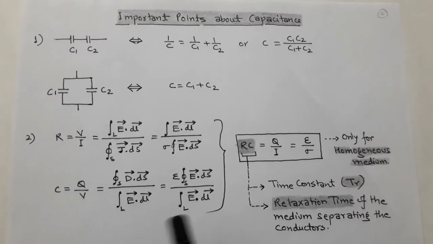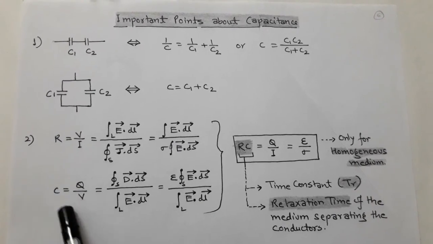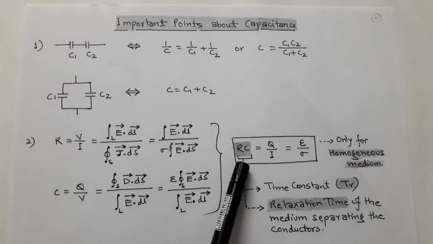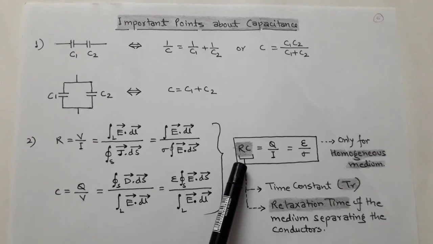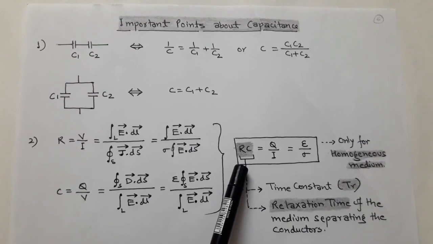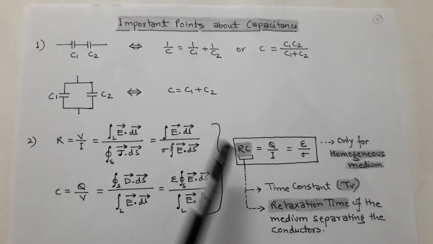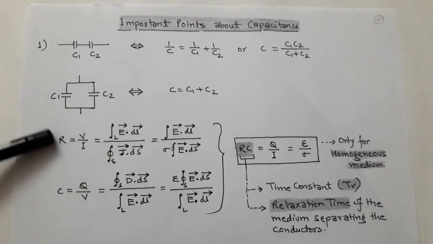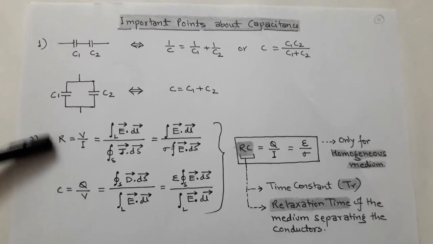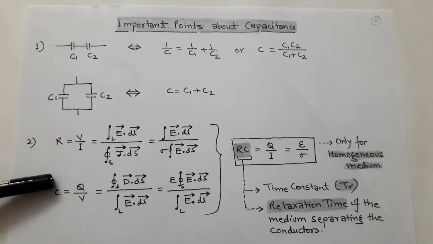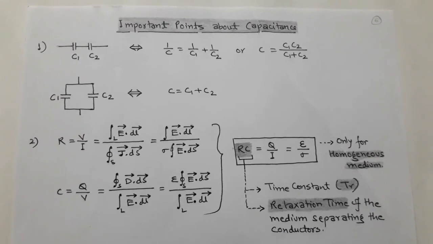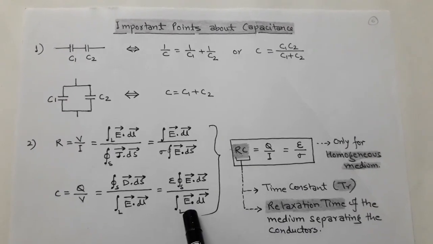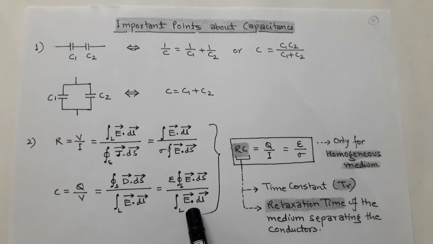Now from here we determine a constant, that is called the time constant. Time constant is the RC time constant. So when we multiply R and C, we get Q upon I, V is cancelled here, RC. And from the integration formula, we get epsilon upon sigma.